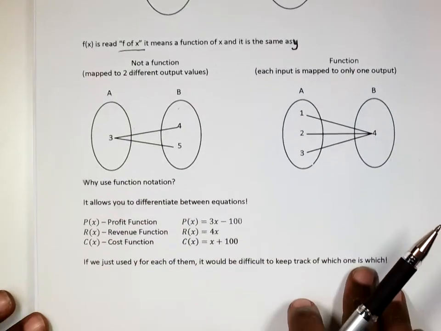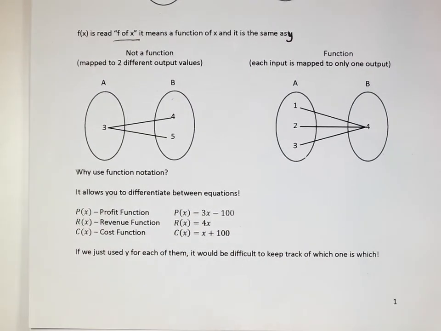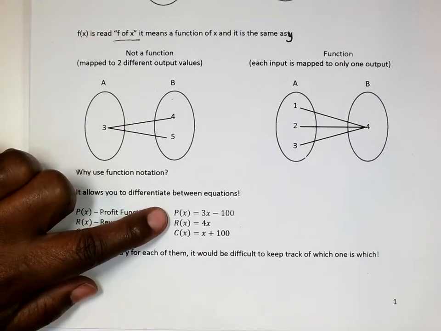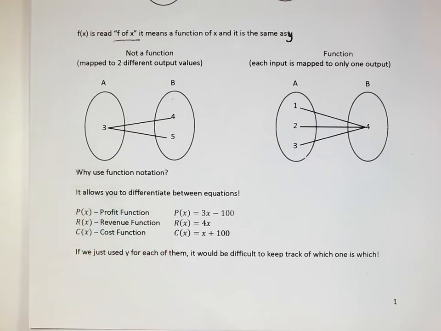So why function notation? Well, we're going to be talking about business applications, and it allows us to differentiate between different functions. If I wrote all of these as y equals 3x minus 100 and y equals 4x and y equals x plus 100, then I'd have to figure out which function really is telling me what.